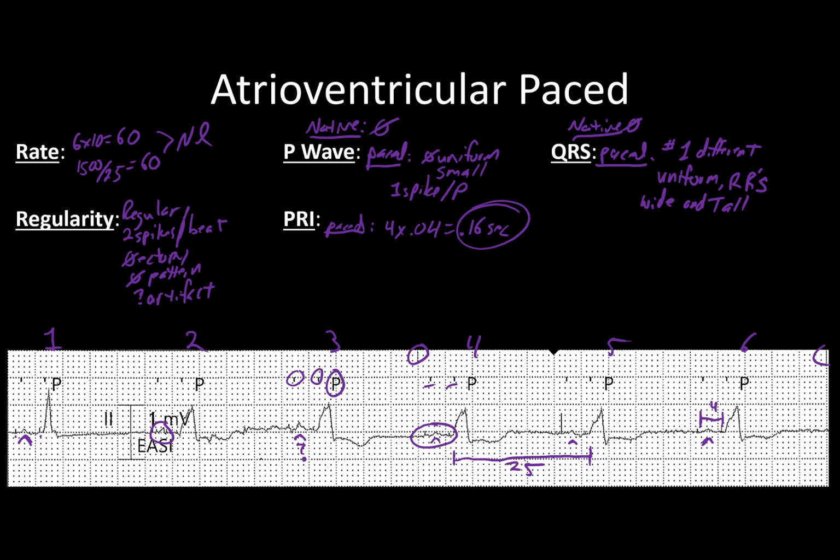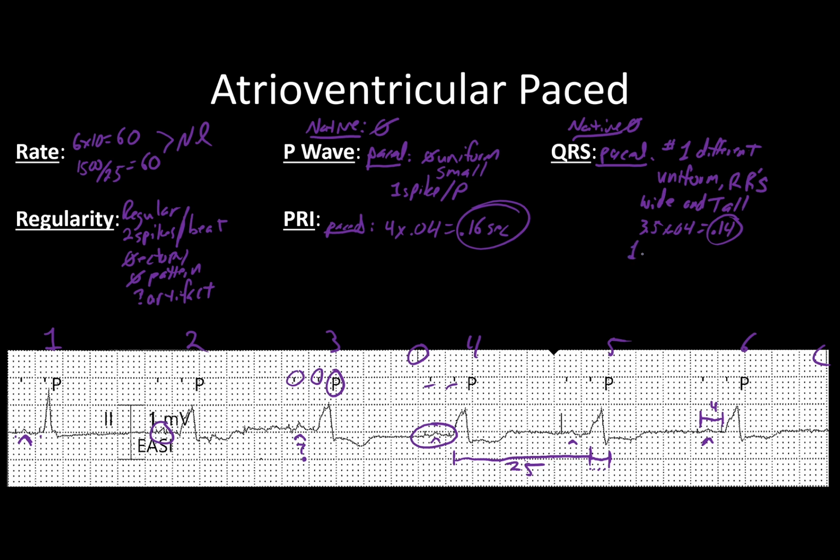How wide are they exactly? Well, let's go ahead and measure. In fact, number 5 will be a pretty good one to measure with. 3.5. .14, and so that's just enough to say they're wide.